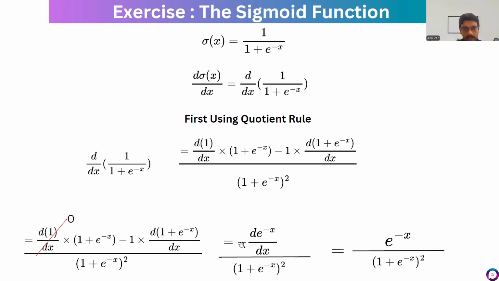You already have a minus here, so the minus times minus becomes plus, and that cancels, right? Is that clear? That minus sign comes from here. So that minus and minus becomes plus, and you're left with e to the power of minus x over 1 plus e to the power of minus x, squared.